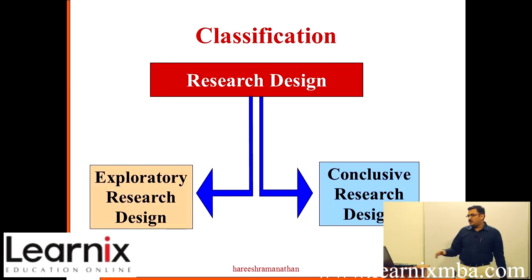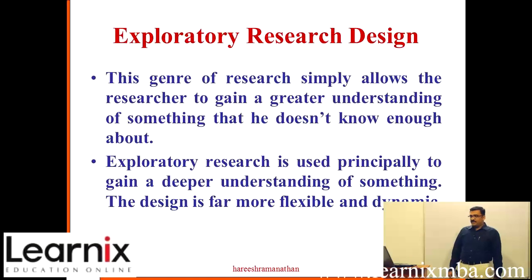This genre of research simply allows the researcher to gain greater understanding of something he doesn't know enough about. As I explained earlier, this is exactly what exploratory research is, and it is used principally to gain deeper understanding of something. The design is far more flexible and dynamic too.